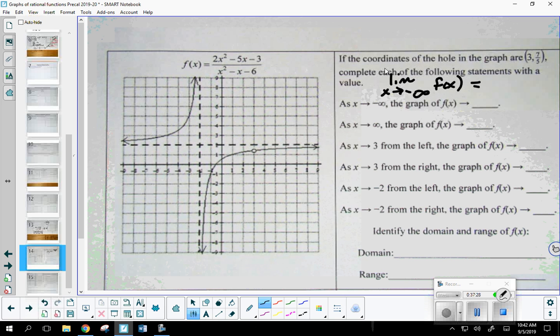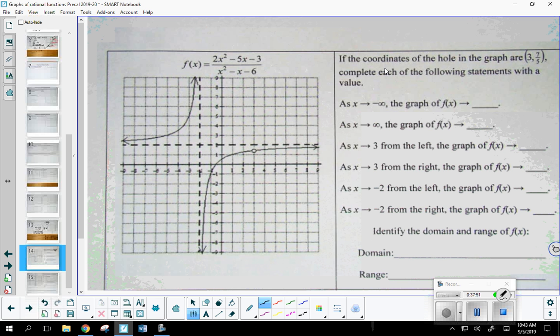Now, what do we call this? If you're approaching negative or positive infinity, it was 2 words, started with an E. That's end behavior. When x approaches positive or negative infinity, that's end behavior, right? When you have end behavior, what do you really want to look at for the graph? The horizontal asymptote.